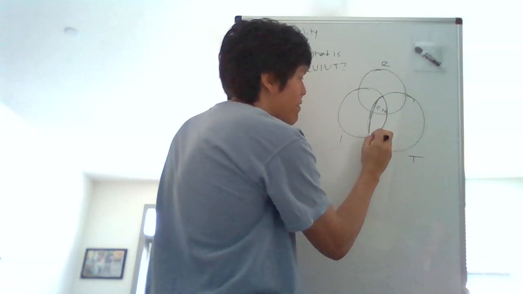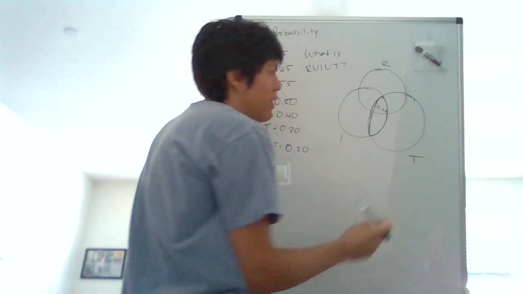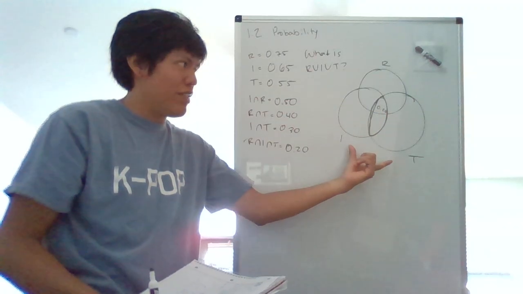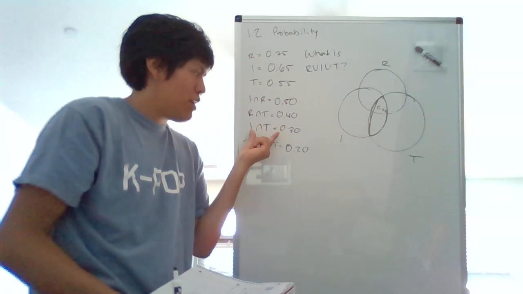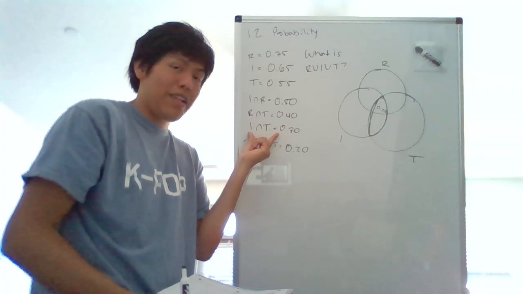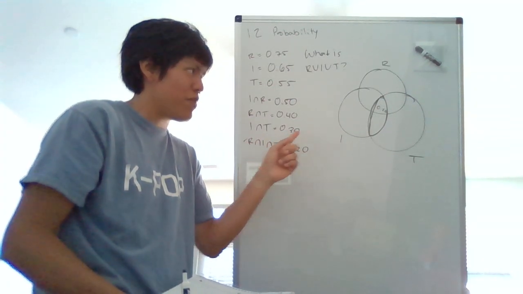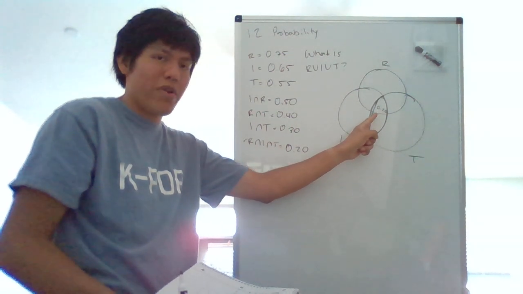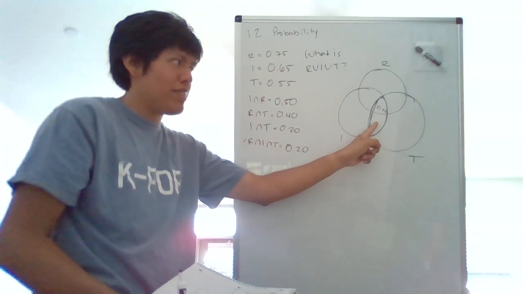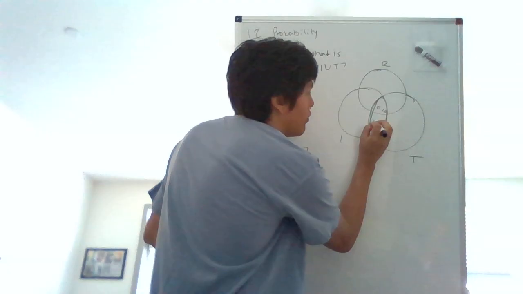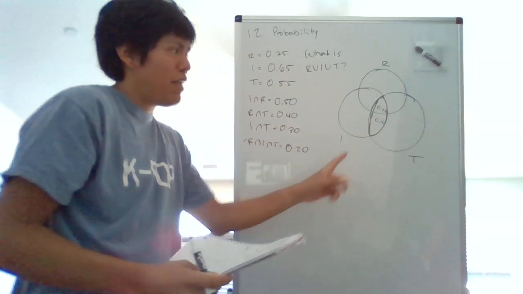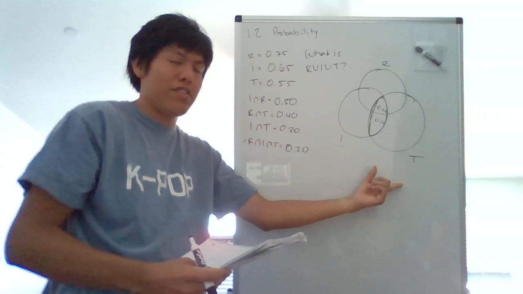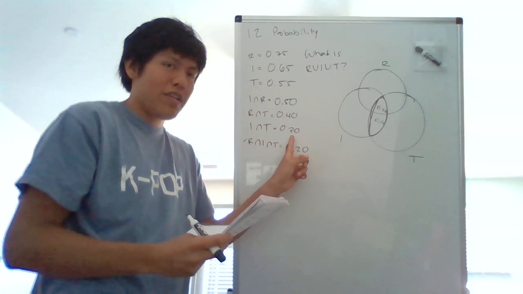That entire section, which includes the middle section, is where irons and toasters overlap, which is what this is telling us. Irons and toasters is 0.3. Now, because we've already said that this innermost section is 0.2, that means that this remaining section would be 0.1. That way, whenever you add these two together, which is this whole section where irons and toasters overlap, we get 0.30.